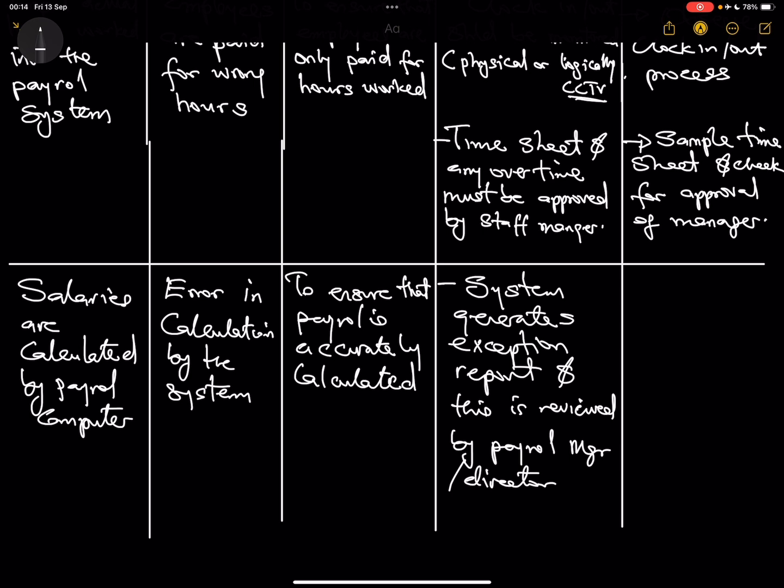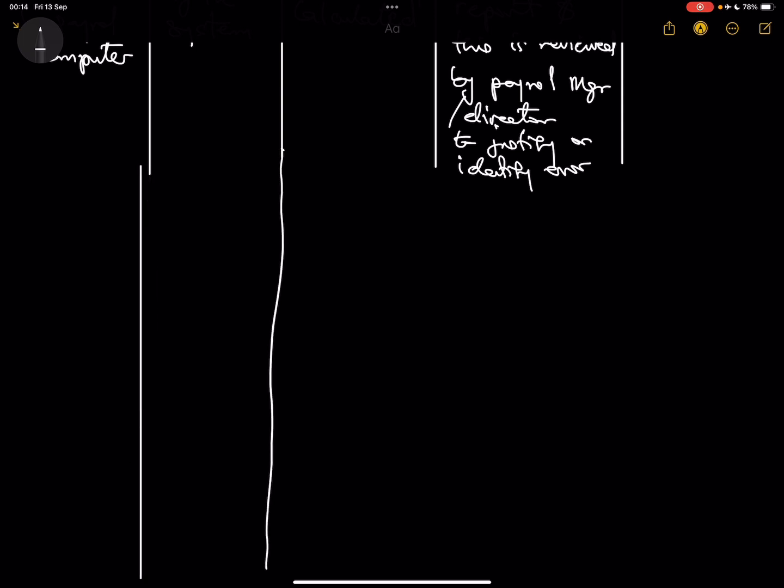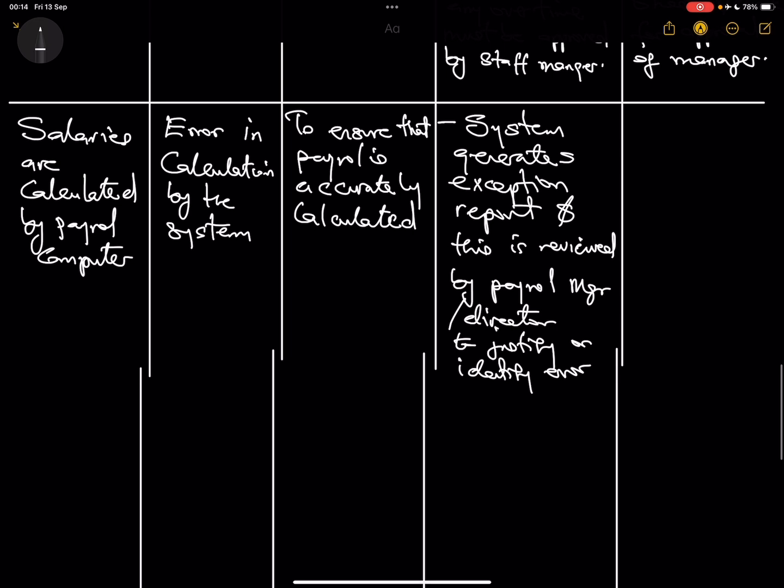So it's reviewed by the manager or director to justify or identify error. So it's either the exception is an error or it is justifiable, which means it's valid, right? So it's very important that that is being reviewed by the manager or the director.